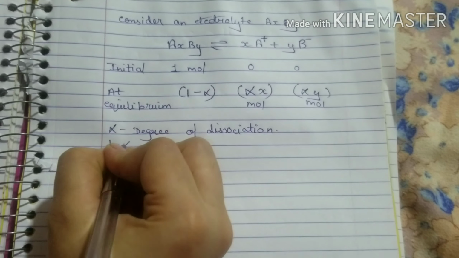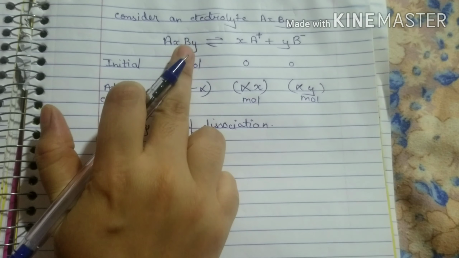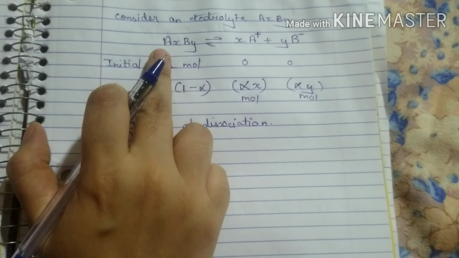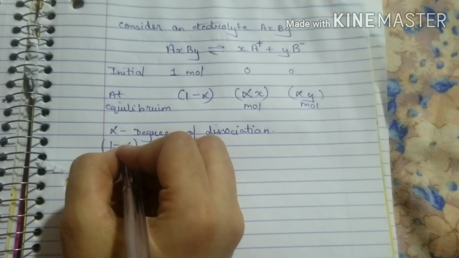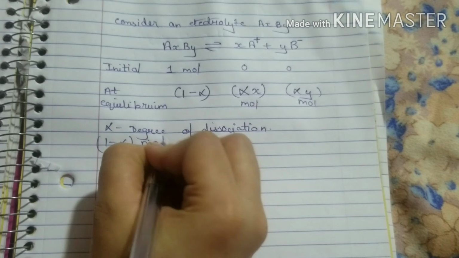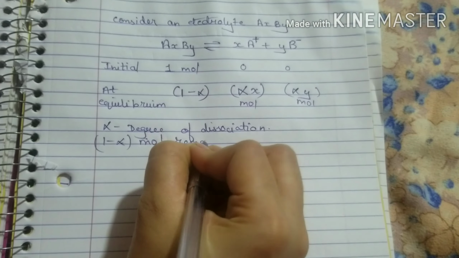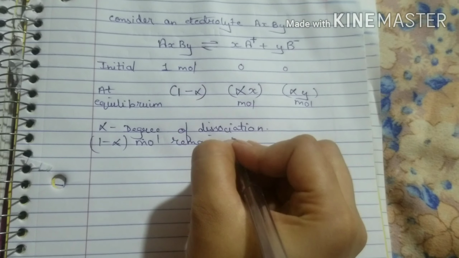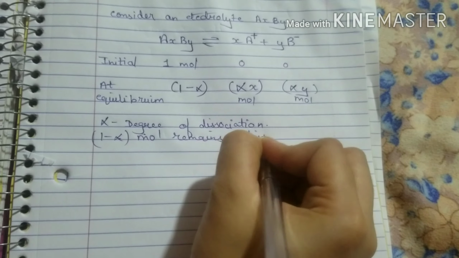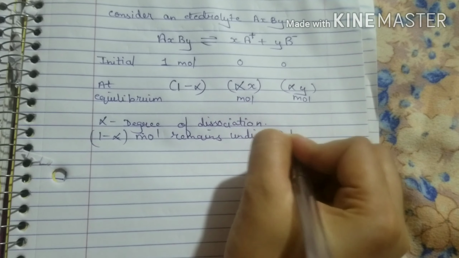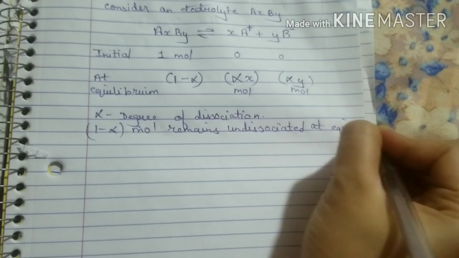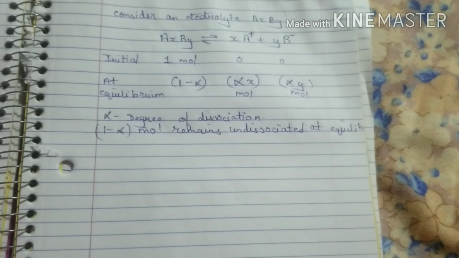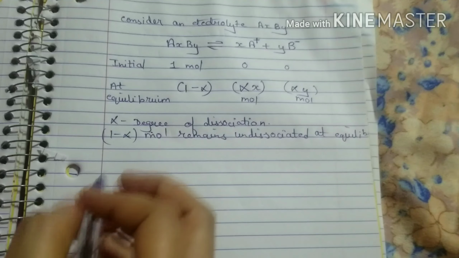What is 1 minus alpha here? It is on the reactant side, so it is AXBY that is not dissociated, right? So 1 minus alpha mole remains undissociated at equilibrium.